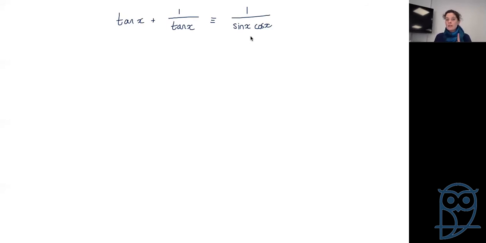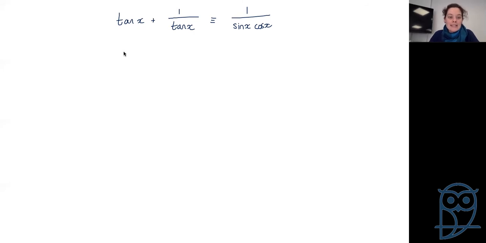So we've got two things to think of. Remember we said when there are 2 items on the left side and 1 item on the right side, then we need to combine fractions and put things together. The other story we've got here is we've got tan on the left and sine and cos on the right. So the first thing we're going to do is make these tans into sines and coses.